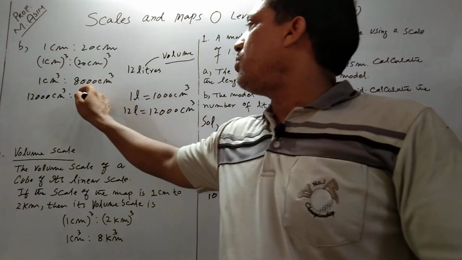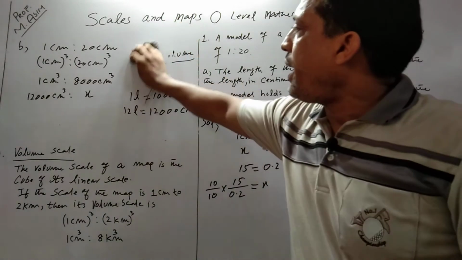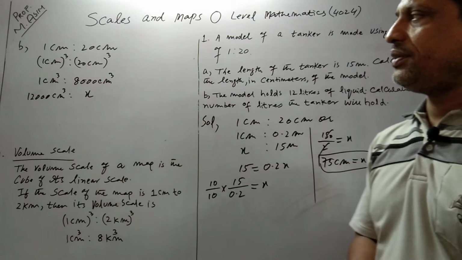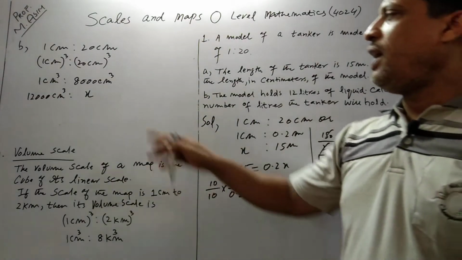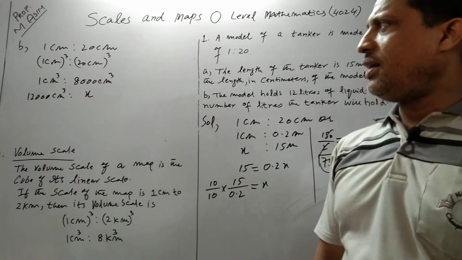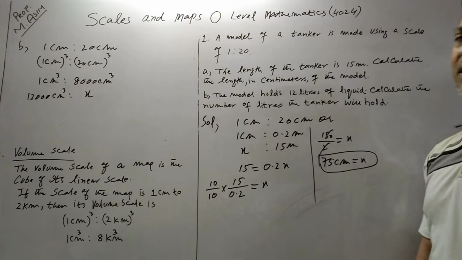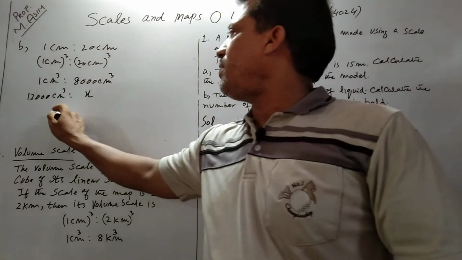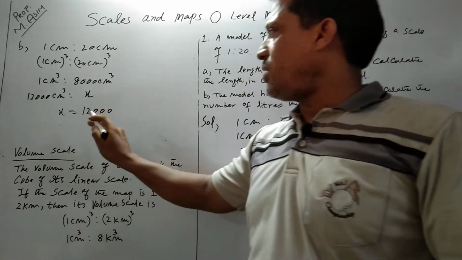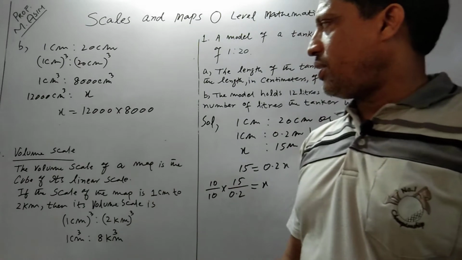The actual value we can represent as X. I hope you understand. This is a very important and very interesting part. Now cross multiply: X multiplied by 1 is X, and 12,000 multiplied by 8,000.